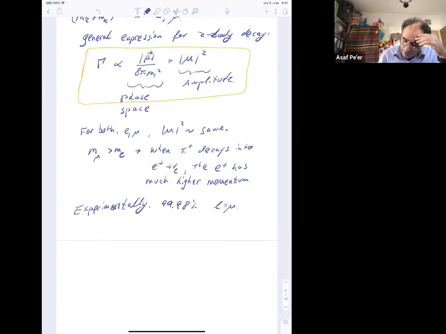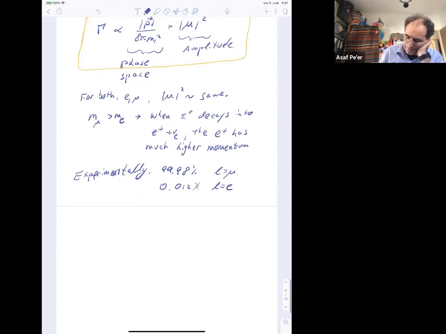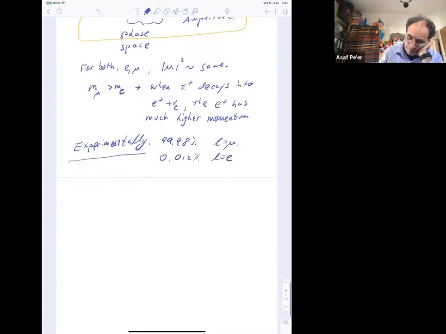And only 0.012% of the time is the decay to L equal to E. Approximately, it's not exact. So why is that happening? The answer is exactly what I just showed you, this spin helicity of the particles.